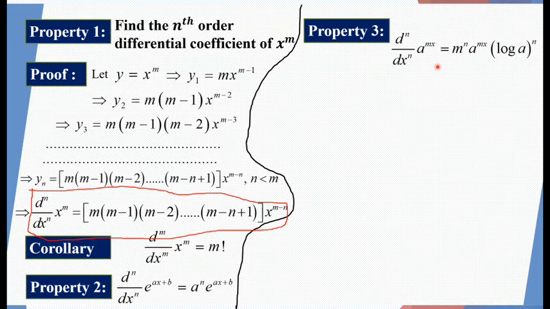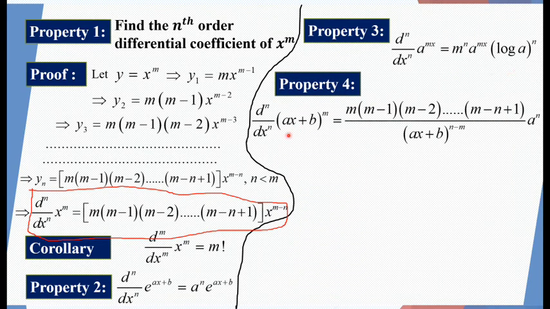Again when we differentiate it, then a raised to power mx as it is into m log a, and one m log a is already there. So m log a whole square, same as m cube log a cube, and m raised to power 4 log a power 4. So by the successive differentiation we can prove it.